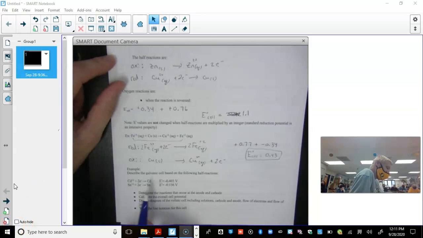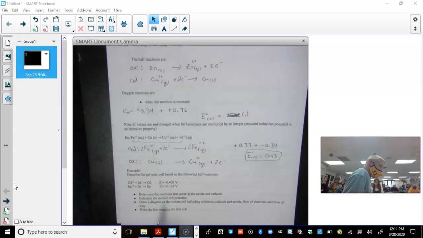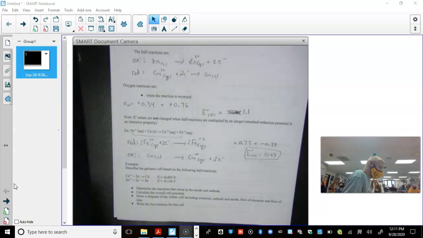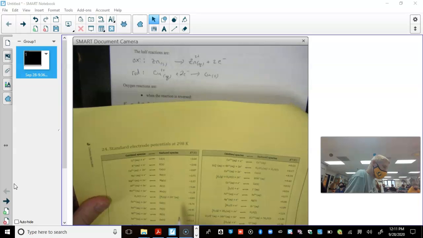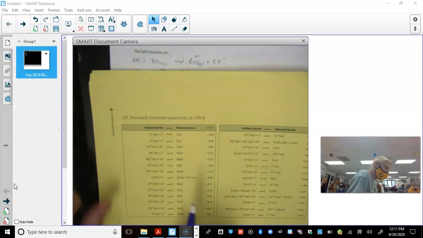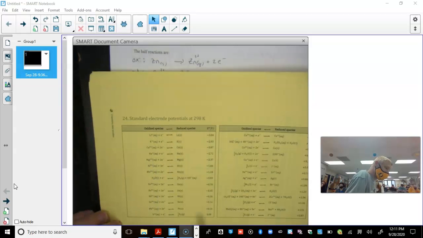All right, moving on. We've got an example. Describe the galvanic cell based on the following half reactions. Looking at this, these are both negative values. Well, we got negative 0.403 for cadmium, so I'm looking for cadmium.